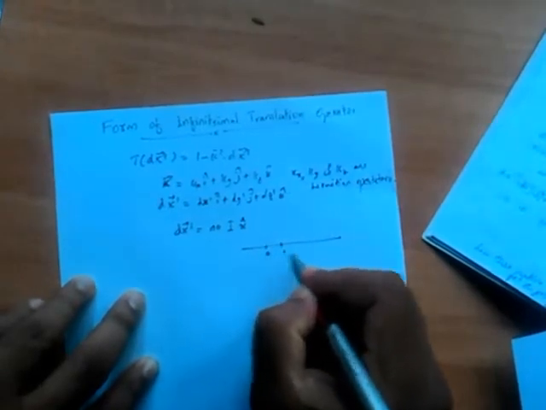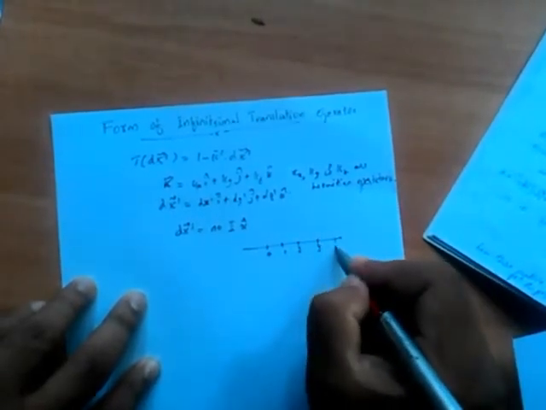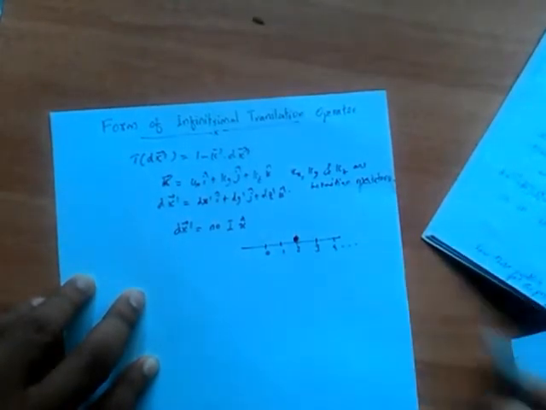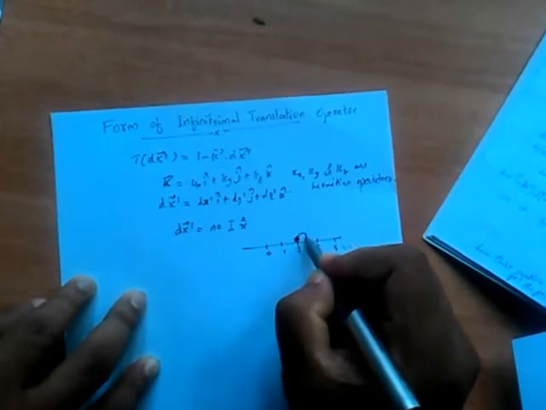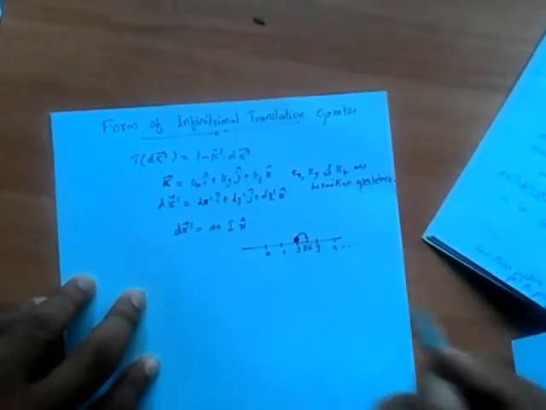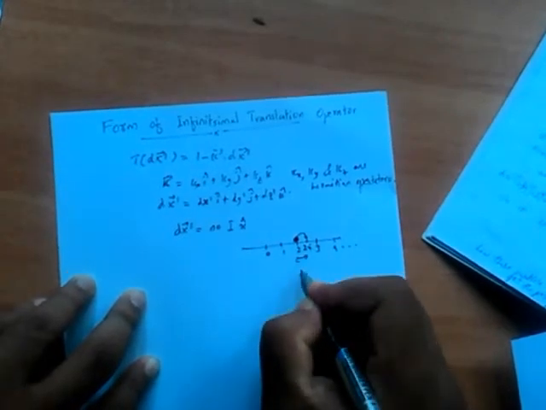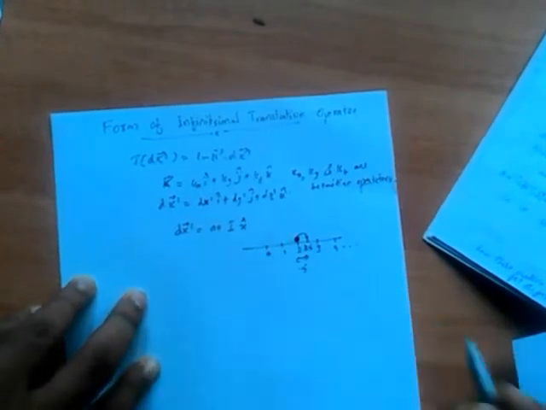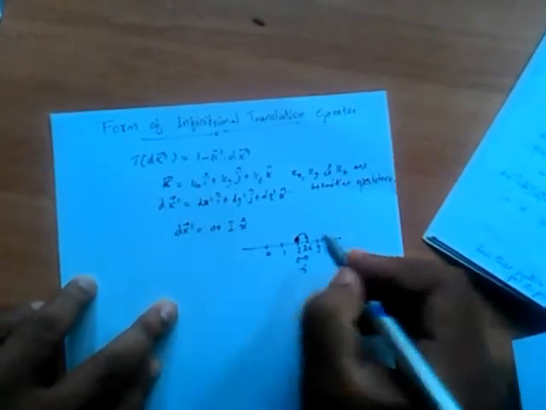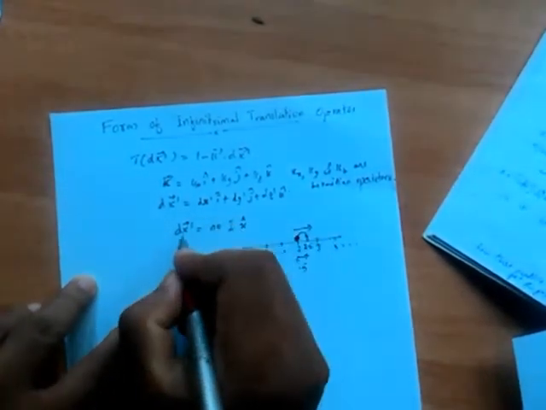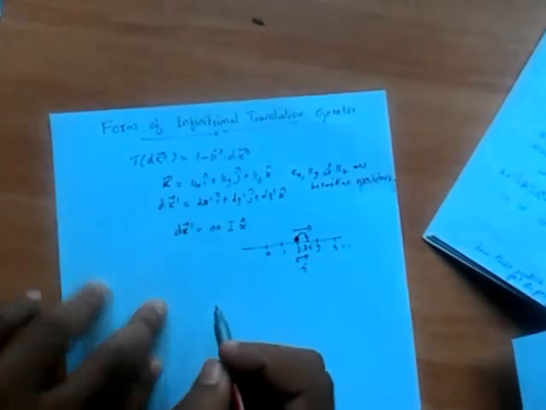Here it's 0, 1, 2, 3, 4, etc. Let the particle be here, and it moves from here to another point, 0.5. So this small distance is 0.5. Whatever this 0.5 represents, this number times an identity operator in some particular direction. You should keep this in mind while using the operator dx'.